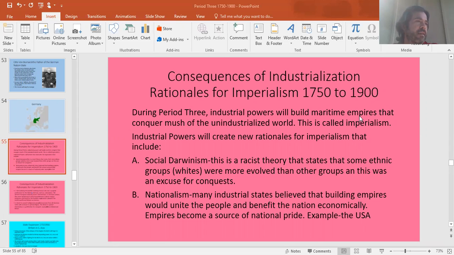Those are the political revolutions, the American, French, Haitian, and Latin American revolutions, and then the Industrial Revolution, which in a lot of ways is much more important historically than the political revolutions, because it changes how people live more fundamentally than any other event in human history.